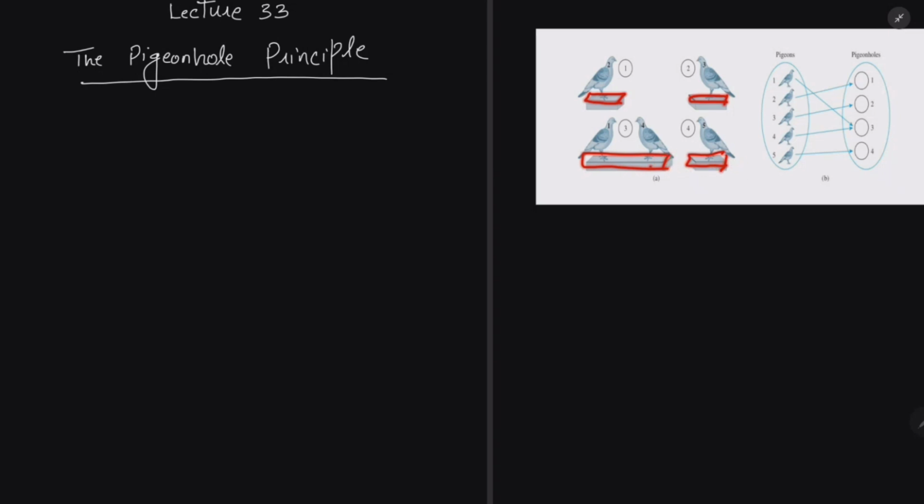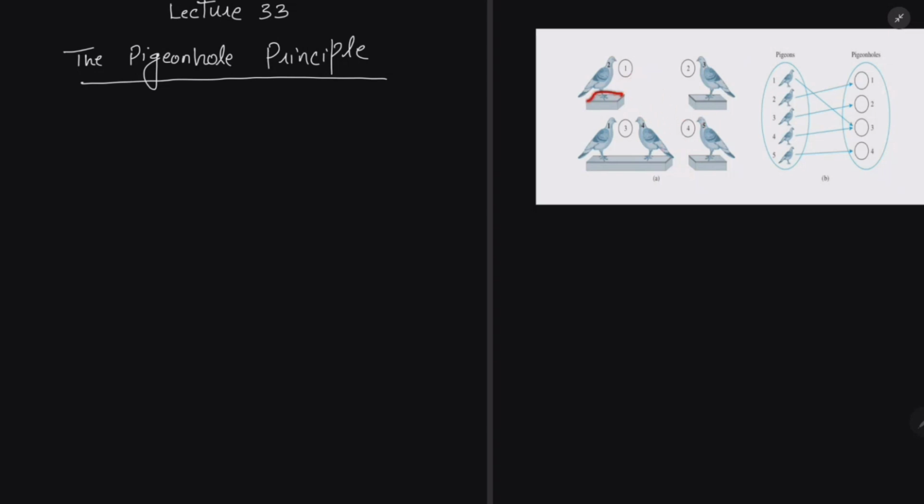There are four pigeonholes and there are five pigeons. When they go to the pigeonholes, then there is at least one pigeonhole in which there is more than one pigeon.